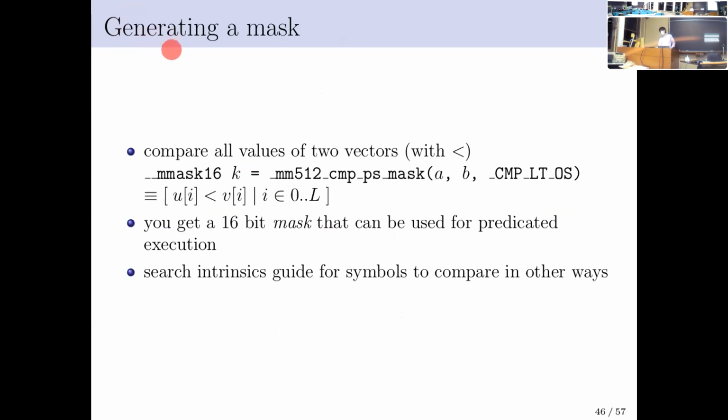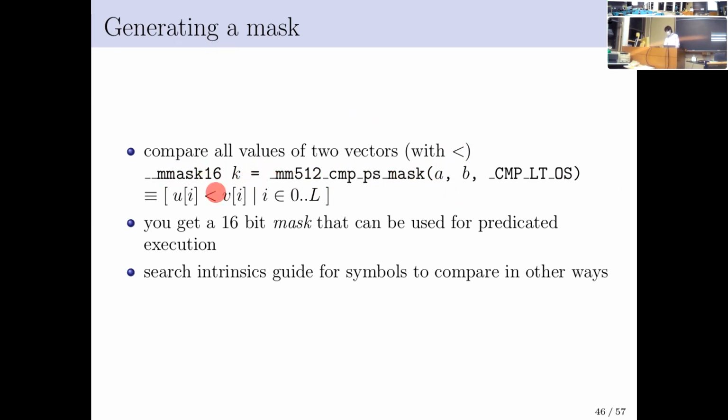And you need a way to generate a mask. This typically happens by comparing 2 vectors of values. Let's say you want to compare 2 vectors using an inequality. As you can easily imagine, there are several instructions, but they are collectively called compare instructions. For example, there is an instruction named cmp_ps. Then you get the mask.